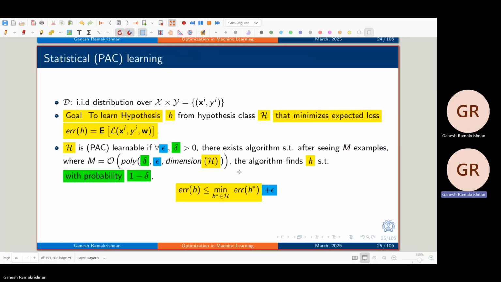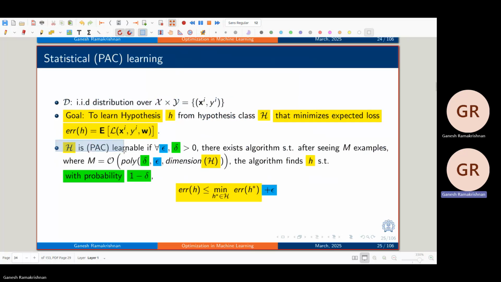Okay, how many of you are familiar with PAC learning? No. So if you have a large hypothesis class, you want to learn from that hypothesis class, right? Get an h from the hypothesis class H. You want to minimize this error, which is over (x_i, y_i) coming from an IID distribution.